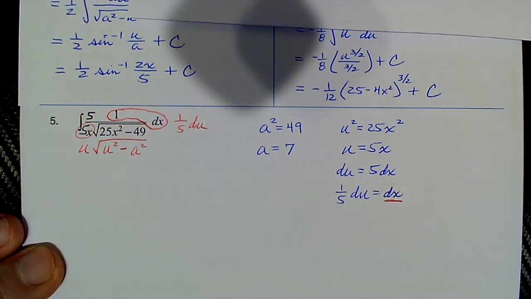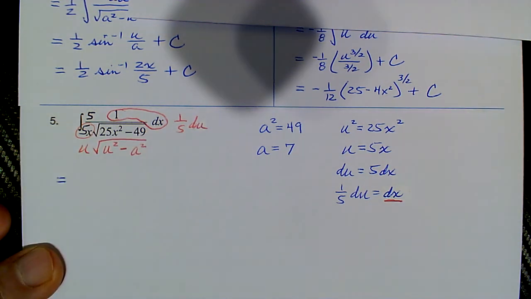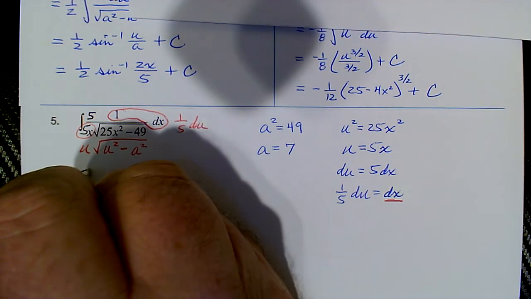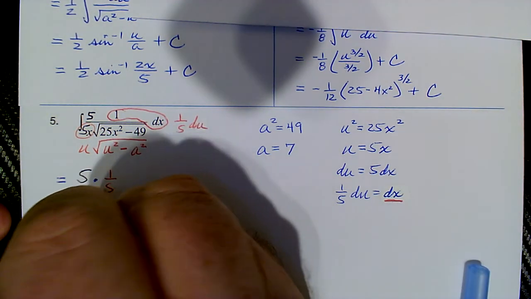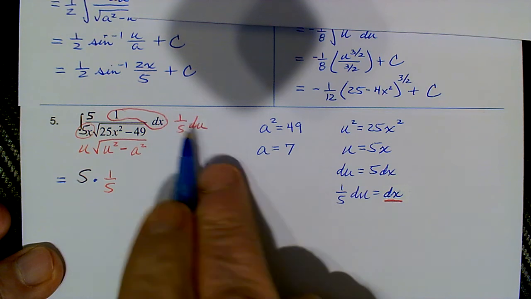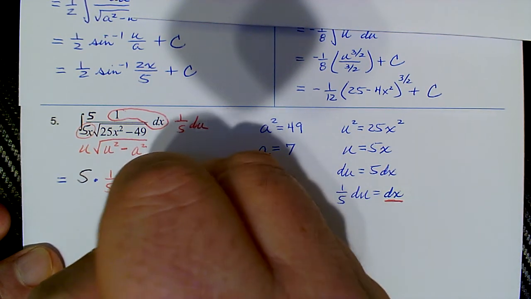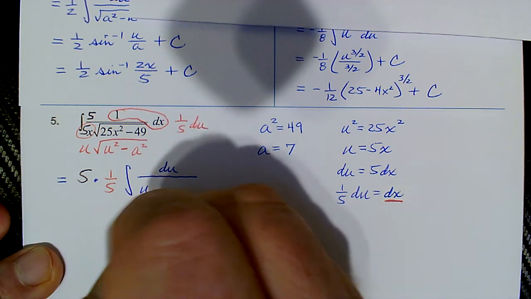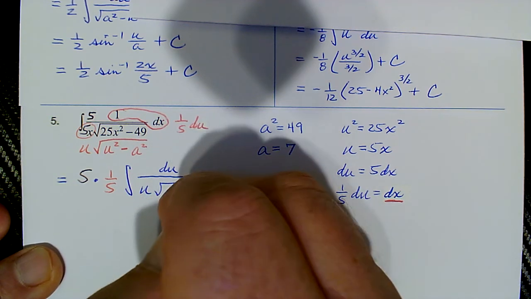So with the change of variables, this is equal to, okay, I've got the black 5 that was used to compensate for the 5 that I forced in the denominator to help make up the u. And then we've got the 1/5 from our du right here. And then the integral of, upon the change of variables, now we have du over u times the square root of u squared minus a squared.